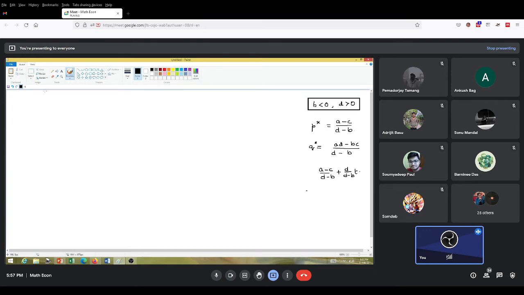So okay, now if you look at it, see how is the burden of the tax distributed. If you look at the term, it depends upon D and D minus B. This determines the distribution of the tax burden between the consumers and the producers.